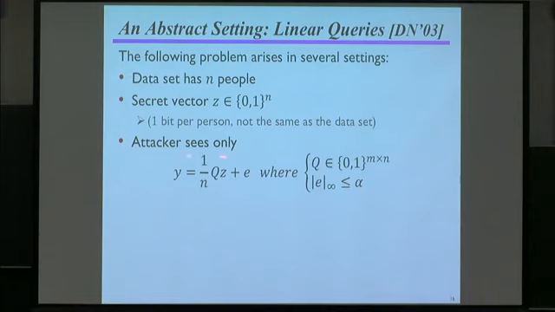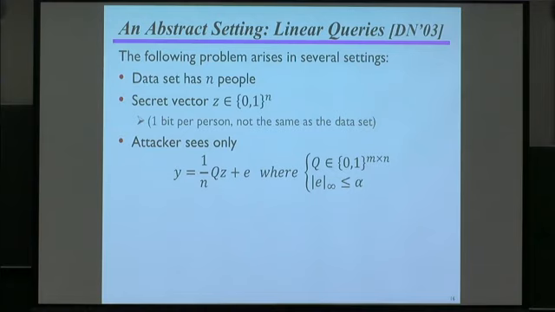The attacker sees Qz, maybe divided by n so all entries lie between 0 and 1, plus some noise, which the attacker doesn't control. All we know is that every entry of the noise vector is less than some known number alpha. So the attacker gets y, knows Q, and knows alpha.